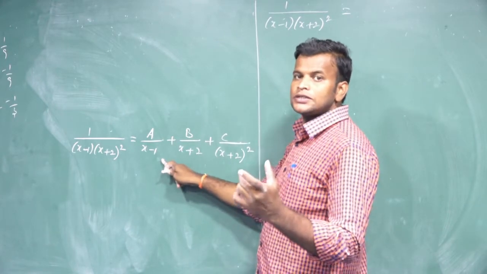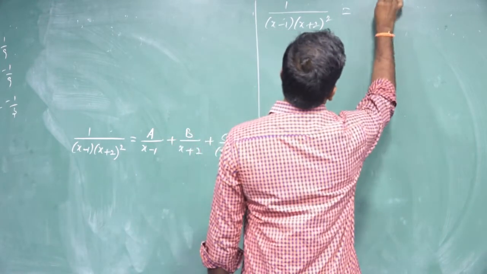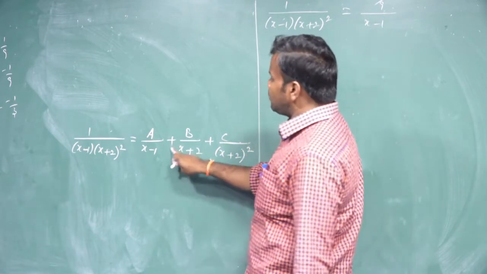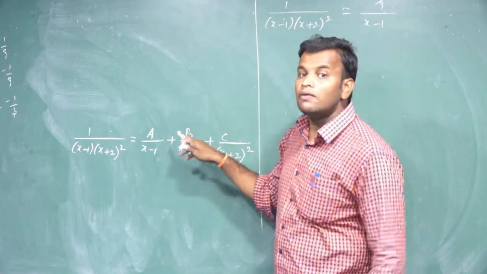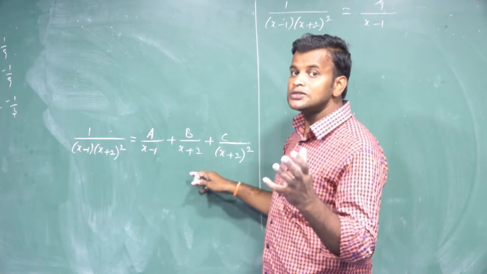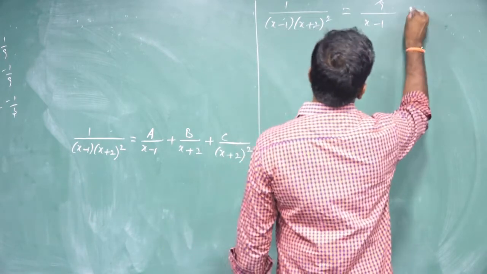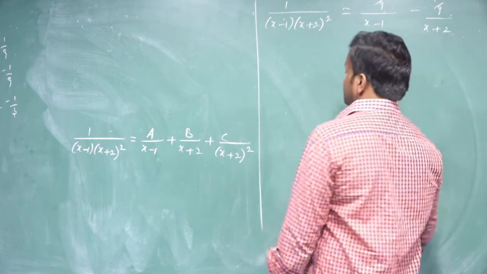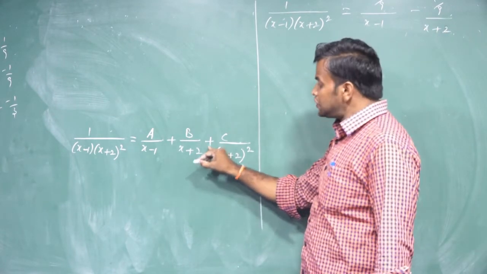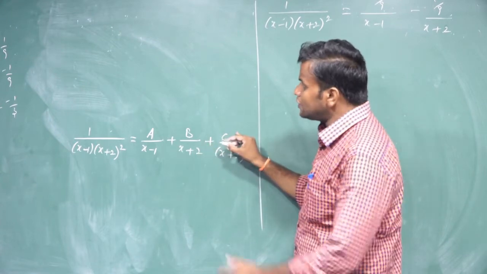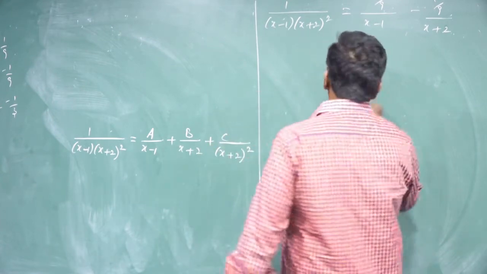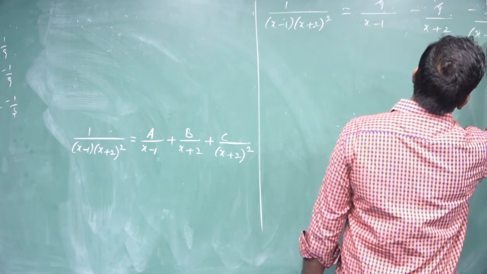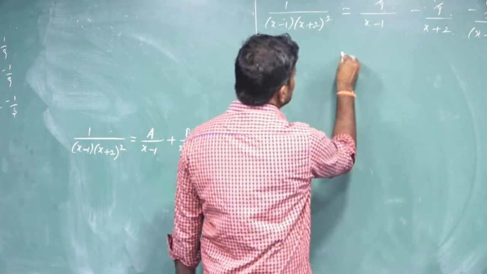The value of a is 1 by 9 by x minus 1. Actually plus b is there, but the value of b is minus 1 by 9. So plus and minus is minus 1 by 9 of x plus 2. Plus c is there, but the value of c is minus 1 by 3, minus 1 by 3 of x plus 2 the whole square.